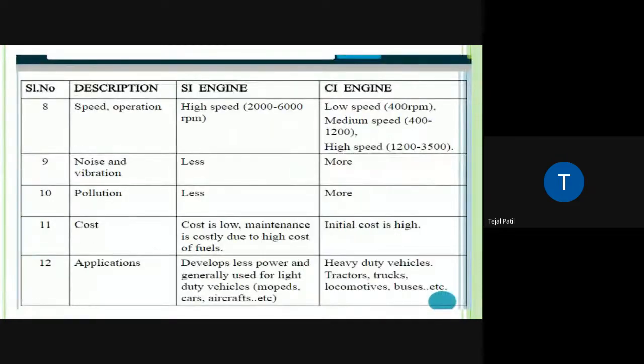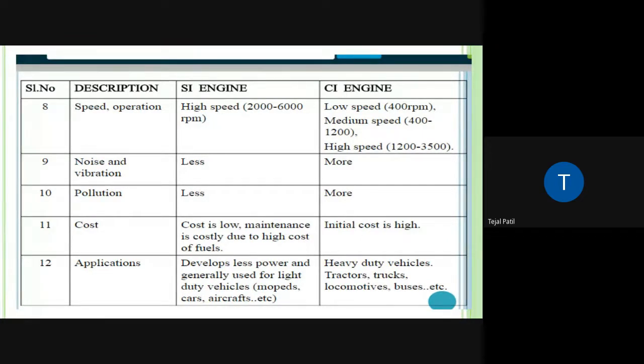Then the next one is the speed we just spoke about, right? Petrol engines are preferred for high speed. So racing cars, racing vehicles, or even your mopeds or bikes, the requirement from the customer is speed. Not very high speed, but comparatively the speed requirement is more, so that's why they prefer to use the SI engines.